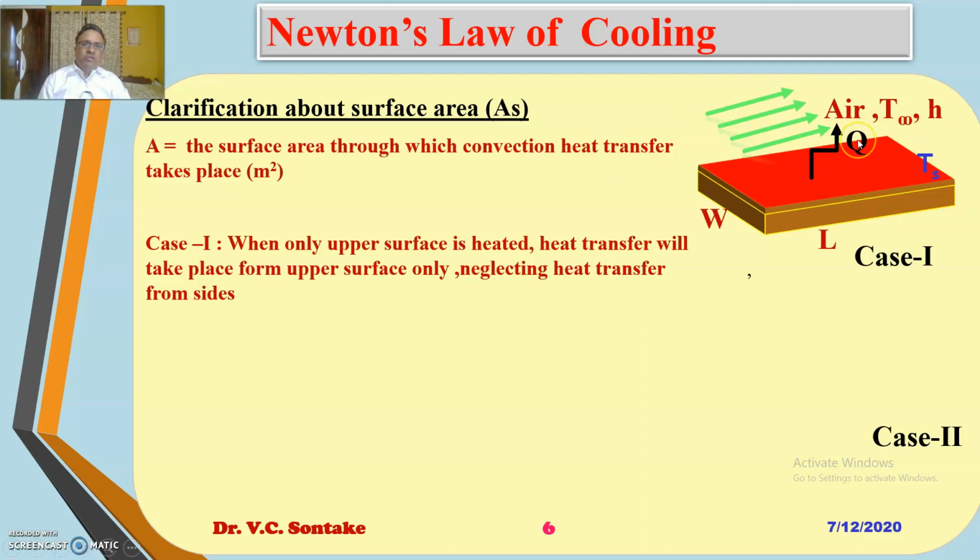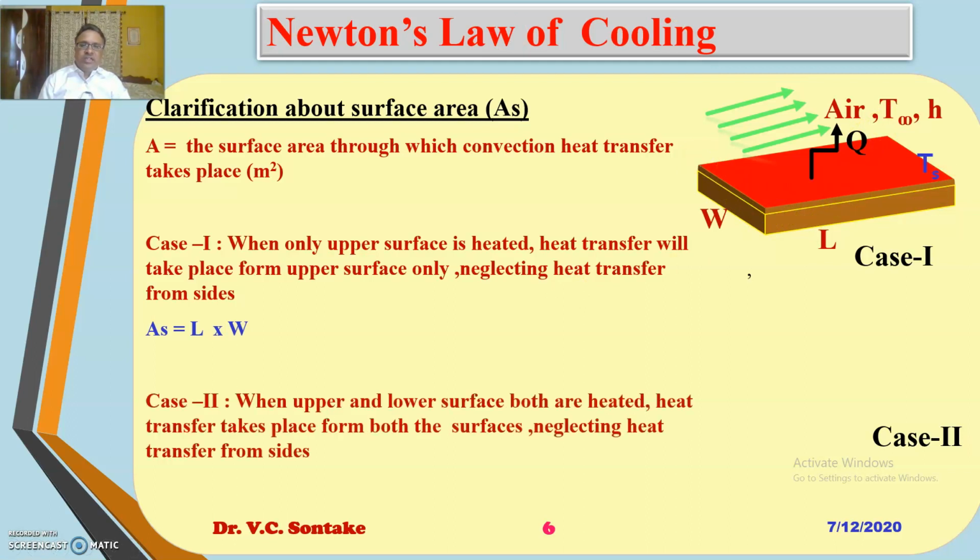So by virtue of temperature difference, heat transfer will take place from this surface to the air. In this case 1, in order to calculate this rate of heat transfer Q, the area will be the surface area of the upper side only, and this will be L into W, where L is the length of this plate and W is the width.